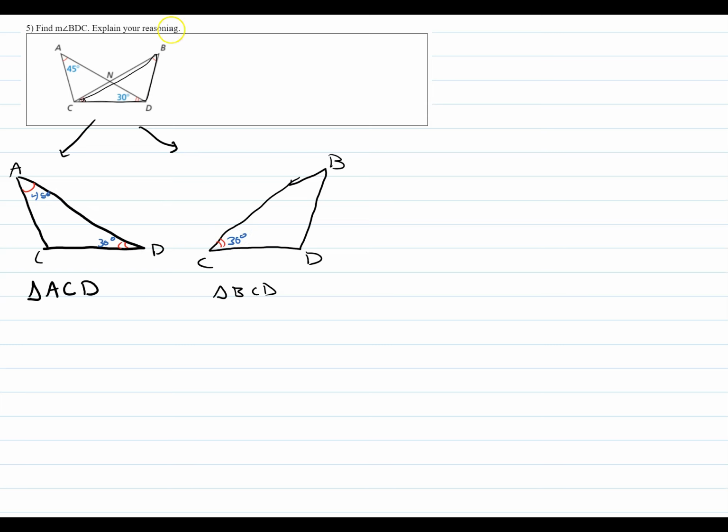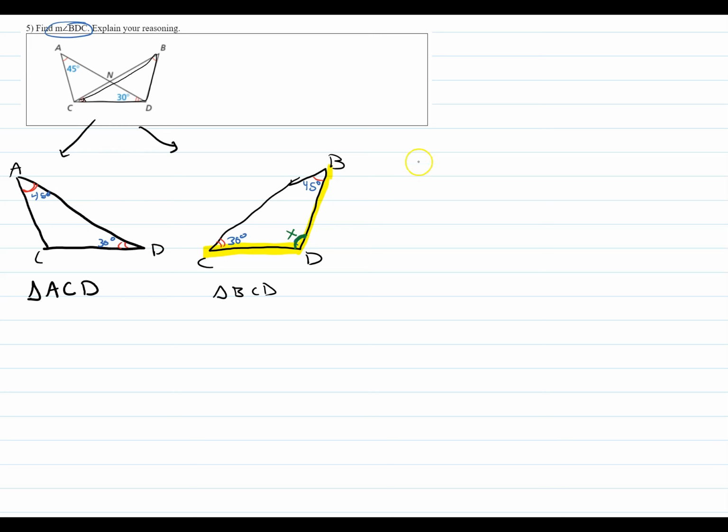And also notice that this angle B has a single red line, which means it matches with a single red line in the other triangle, 45 degrees. Okay, so right away we can see that angle BDC, I'll make it green, this angle right here, I'm going to call it X.